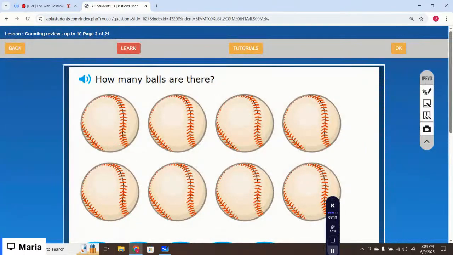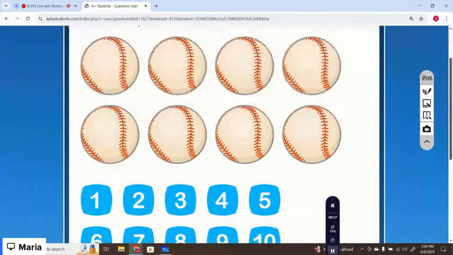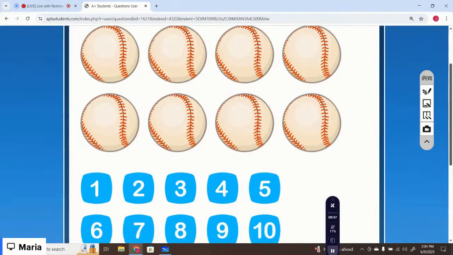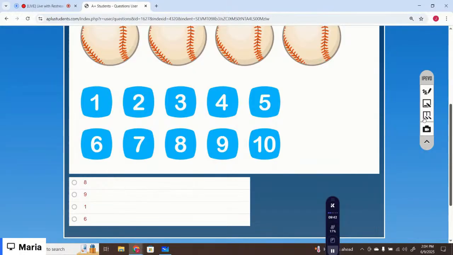How many balls are there? So which is the correct option? One, two, three, four, five, six, seven, eight. So there are eight balls. The correct option is eight.